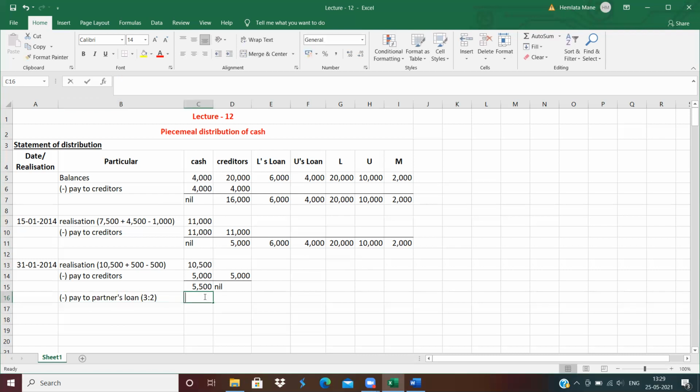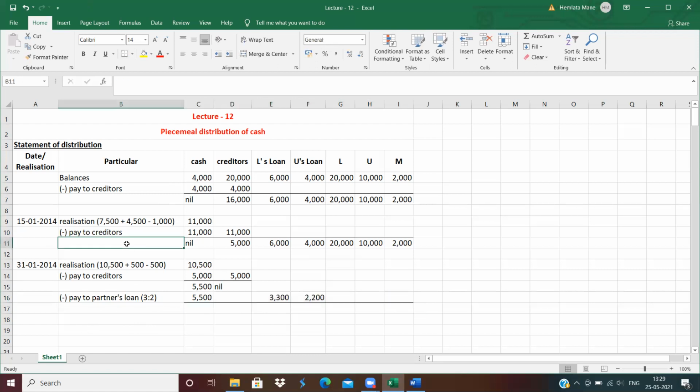So distribute this amount of 5,500 in the 3:2 ratio. So L will get 3,300 and M 2,200. Clear? Now cash balance is nil. So carry down all the balances.